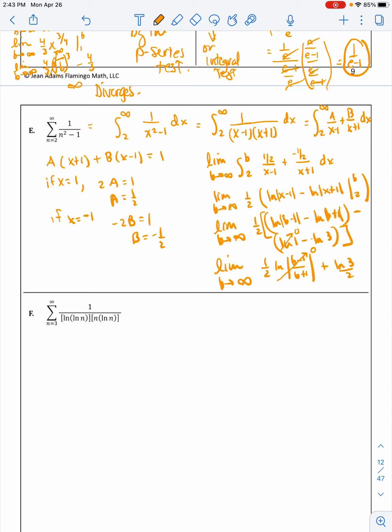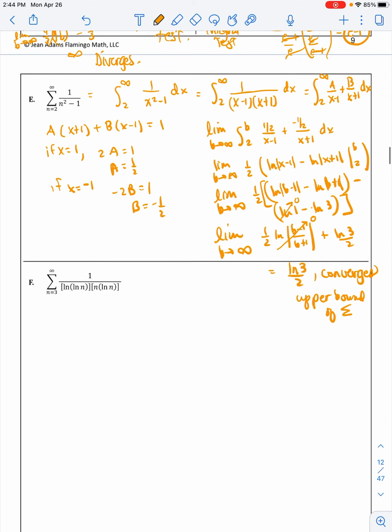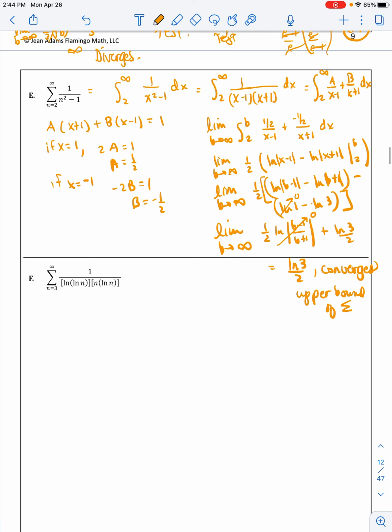But when I put infinity into this, I actually get 0, because this is b minus 1 over b plus 1, and as b goes to infinity, you actually get the natural log of 1, which goes to 0. And so this limit goes to ln 3 over 2. So this converges. And this is considered the upper bound of the summation.